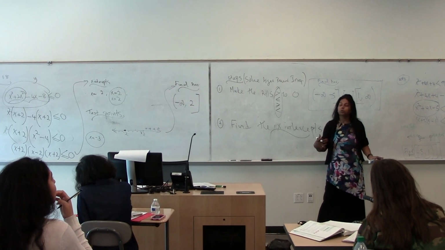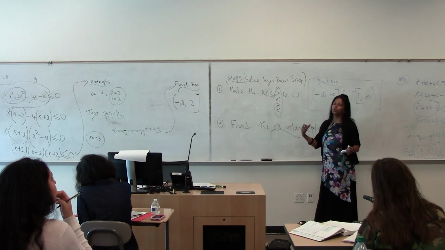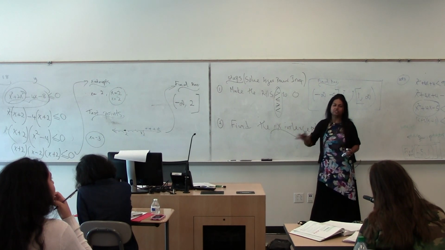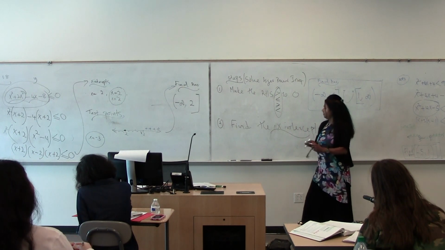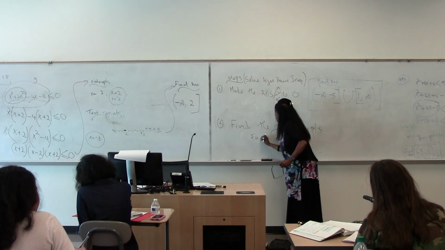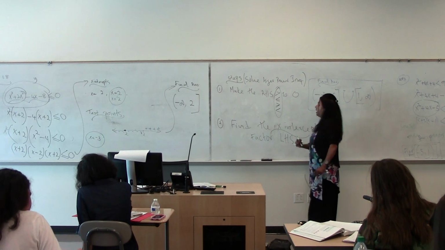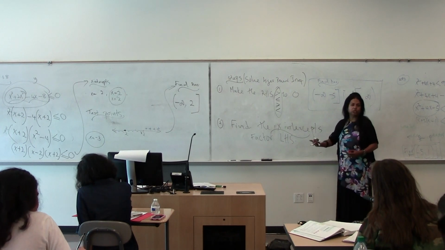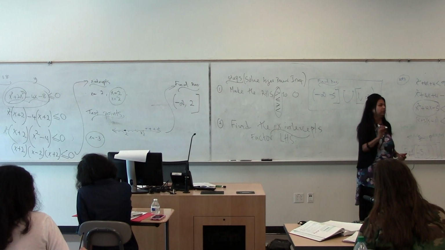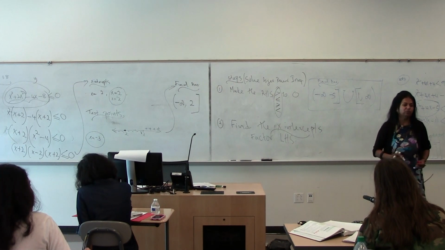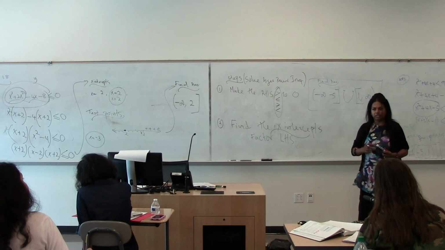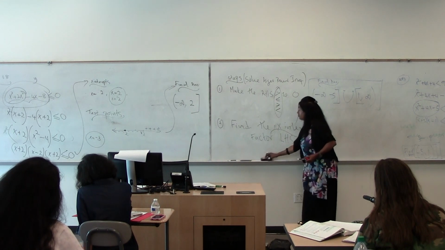Right now you're only going to get problems where you can factor the left hand side completely and solve for the x-intercepts. We are not going to give you problems in this section where you cannot factor.